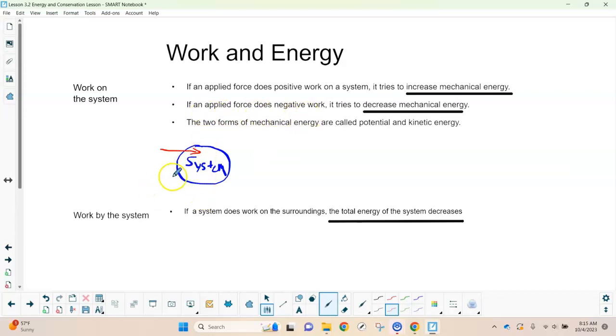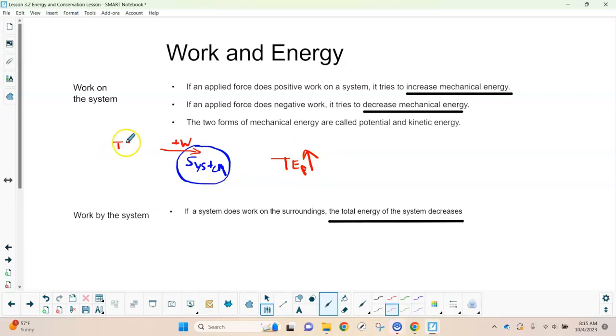If applied work does positive work, so if we're adding work to the system, that means the total energy is going to increase. So the total energy at the end is bigger than the total energy initial, and that makes sense.